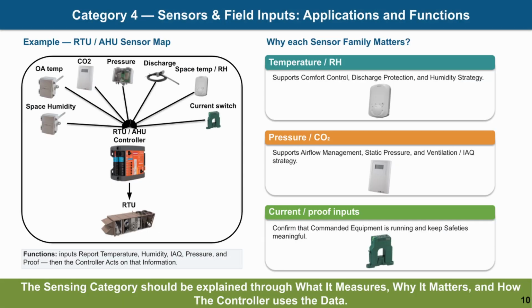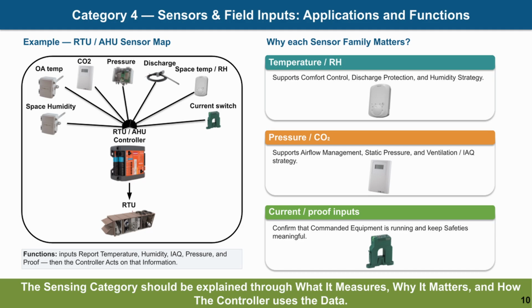This slide shows how the sensor layer surrounds a real RTU or AHU. Outdoor air temperature, space humidity, duct pressure, CO2, discharge air temperature, and current switches all feed the controller. The controller then uses these values to decide how to operate the unit.